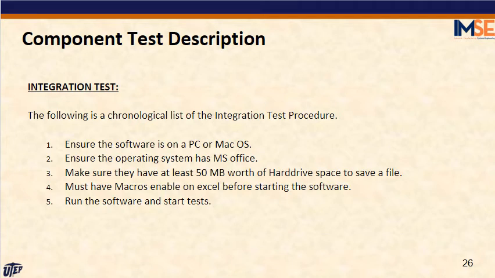Number 2, we need to ensure the operating system has Microsoft Office. Number 3, we need to make sure they have at least 50 megabytes of hard drive space to save a file. Number 4, we need to make sure that macros are enabled on Excel before starting the software. And finally, we need to run the software and start the test in order to ensure a successful integration test.